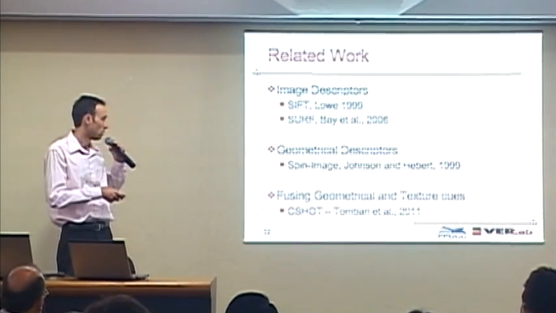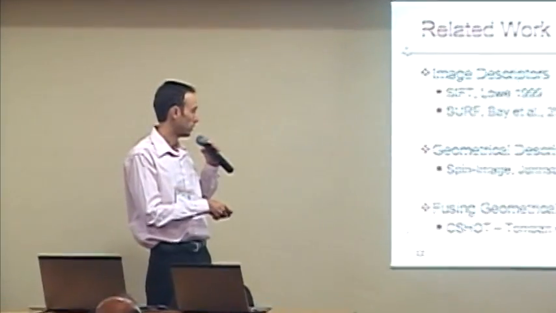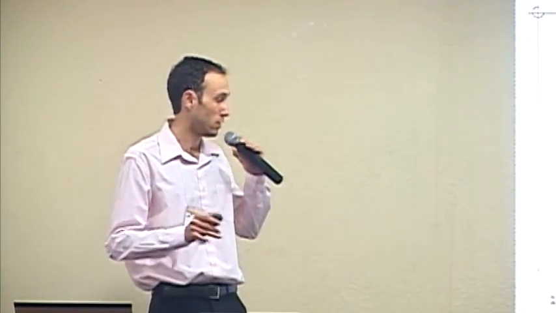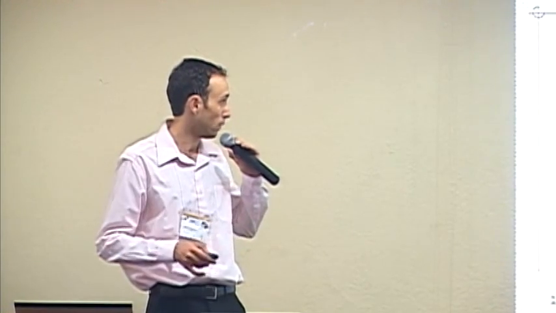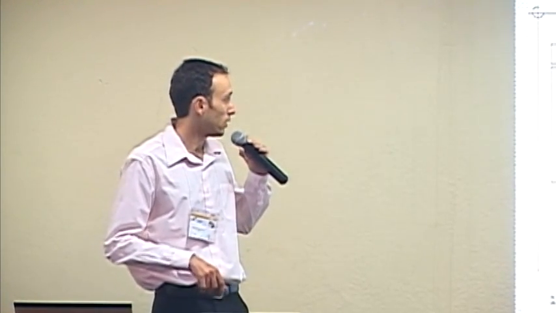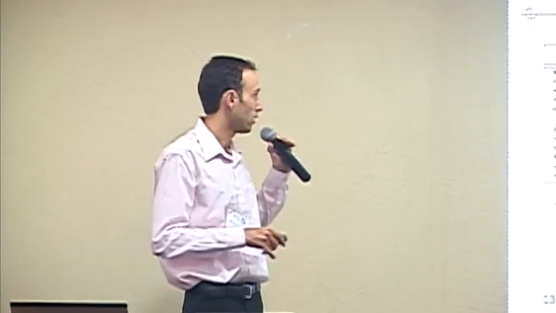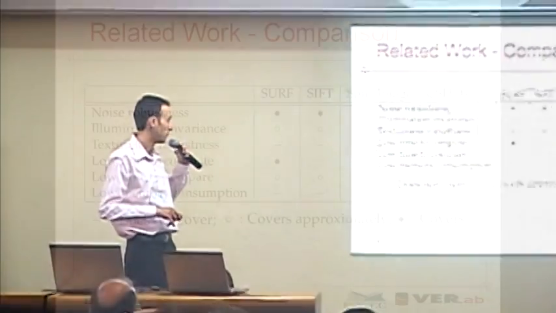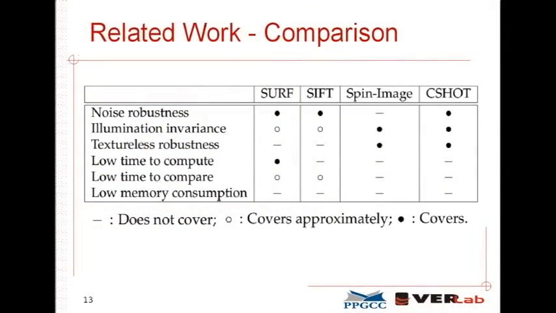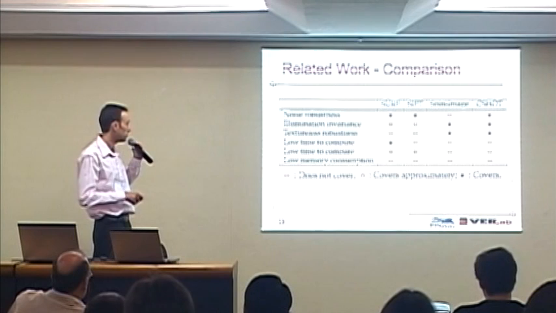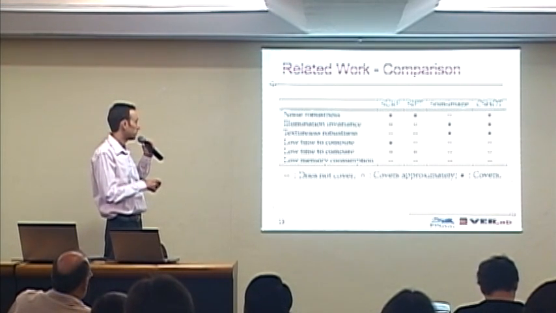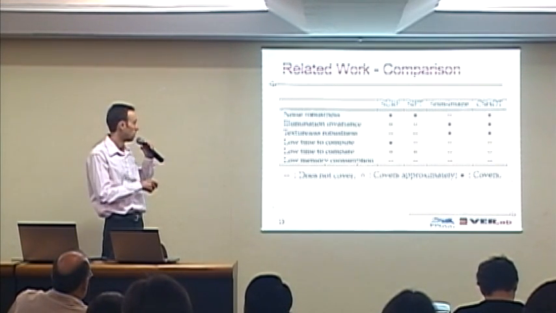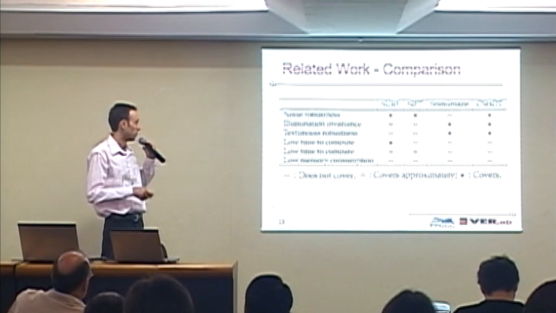Recently, Tombari et al. proposed a novel descriptor called C-SHOT that is the state of the art until now. We can note in this table that, despite the quality of these descriptors, all of them fail in the properties related to memory consumption or processing time.